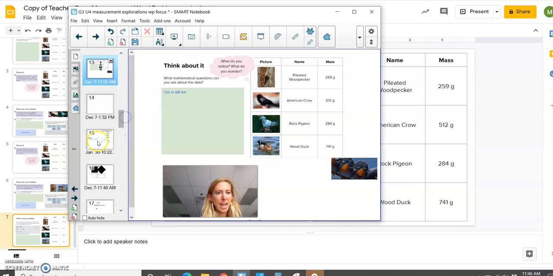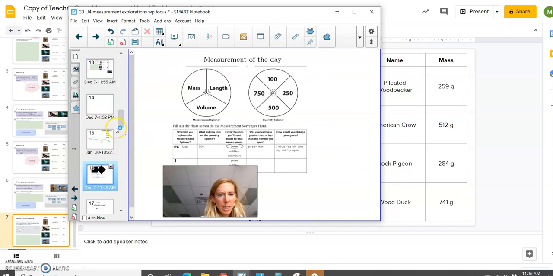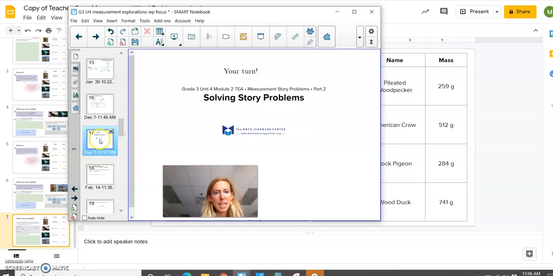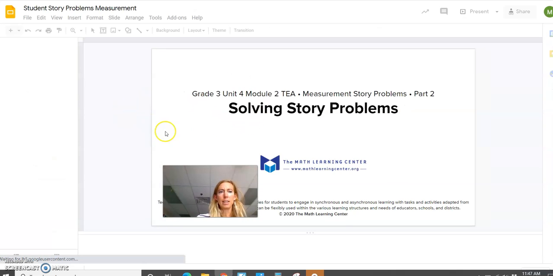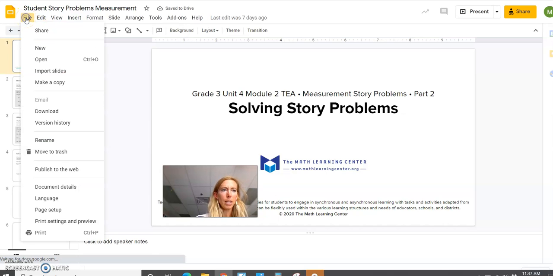Then the next day you have the same warm-up, measurement, and then here is another tech enhanced activity, Google slide deck, that I thought now you can share this one with the kids. So when I click there and I get this copy, for you yourself, you're going to make a copy of the entire presentation, okay?